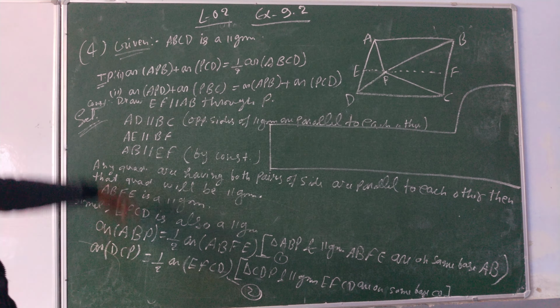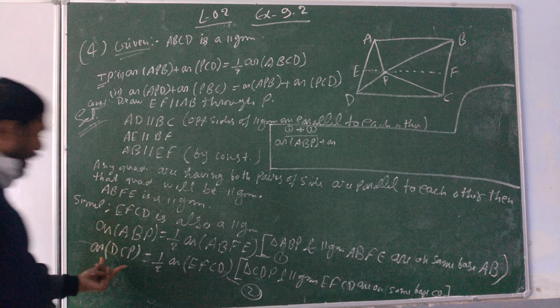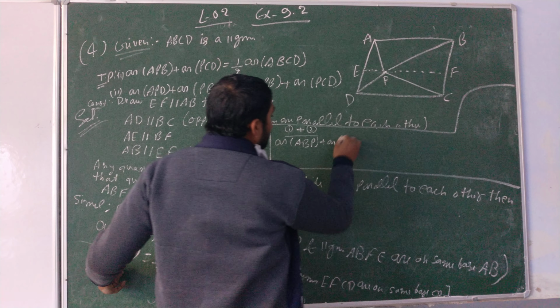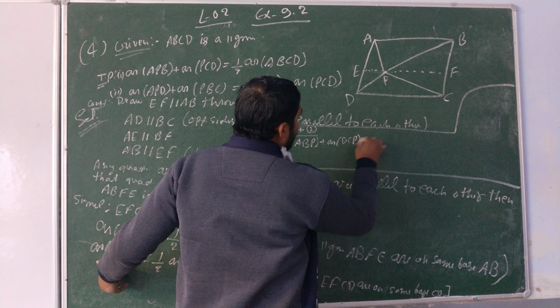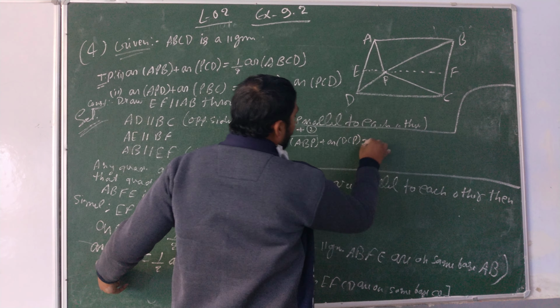Area of triangle ABP plus area of triangle DCP is equal to half of area of ABFE plus half of area of EFCD.